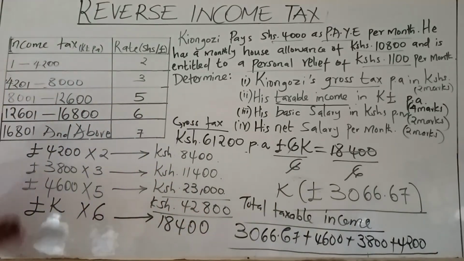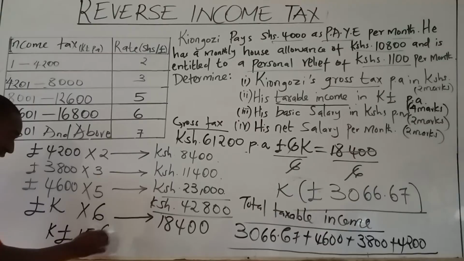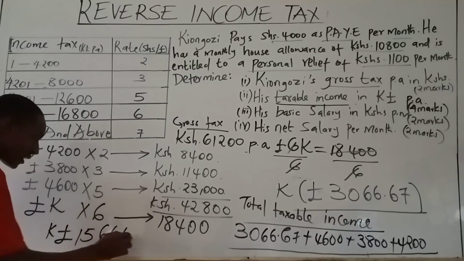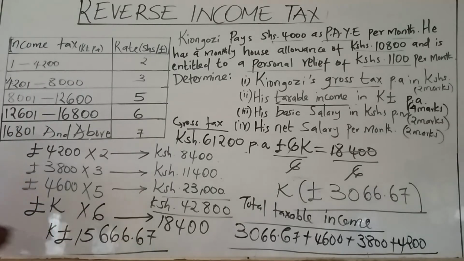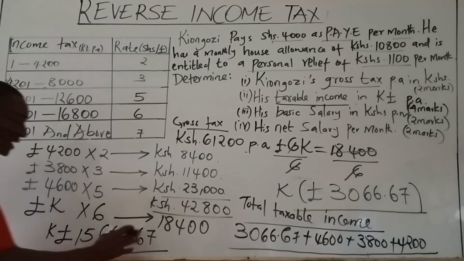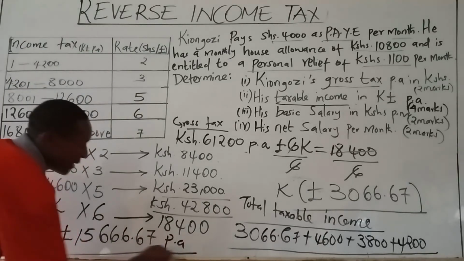That is now going to be the total taxable income. And this shall give you, if you use your calculator, a total of Kenyan pounds 15,666.67. And this money is per annum. So this is the whole amount, the whole year per annum.